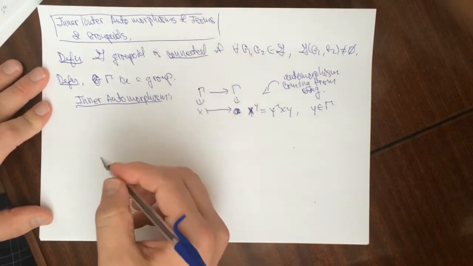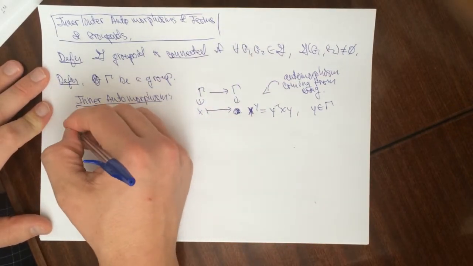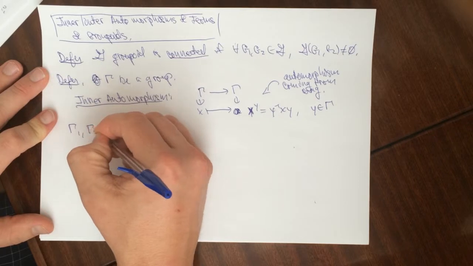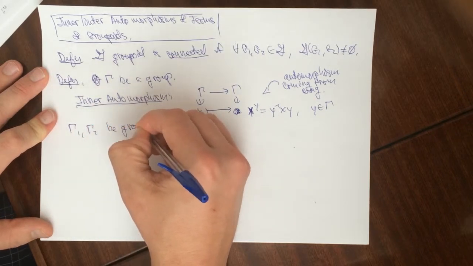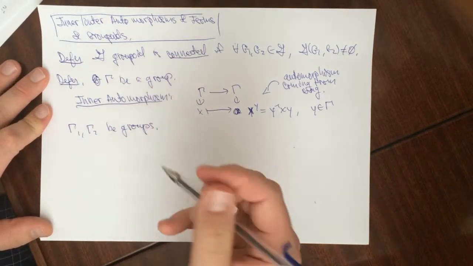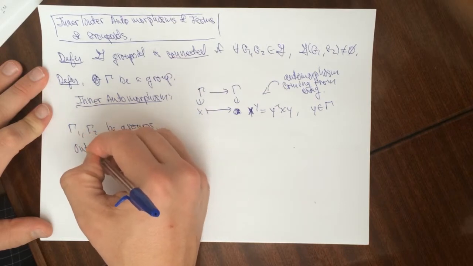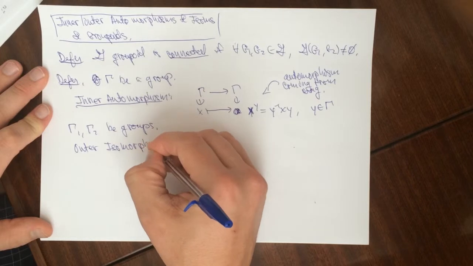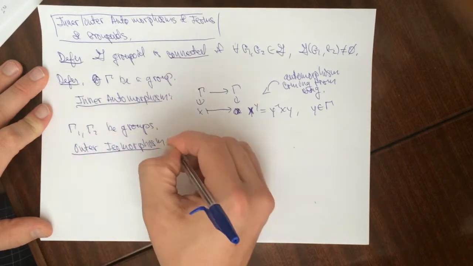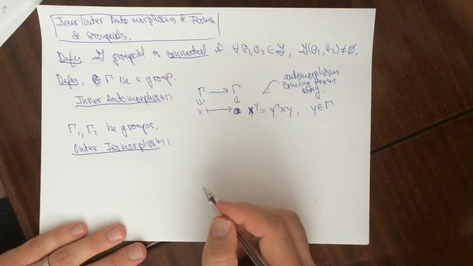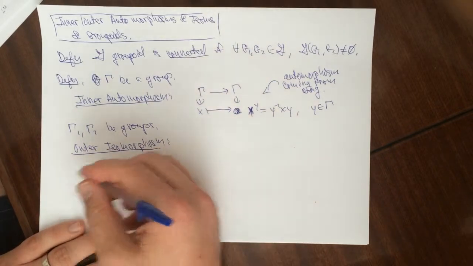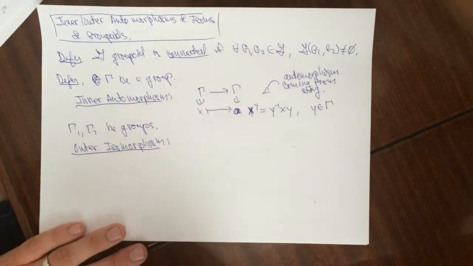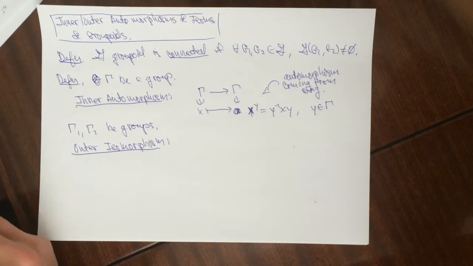Okay, so let gamma 1 and gamma 2 be groups. So an outer isomorphism, so here we want it to not be an inner isomorphism.